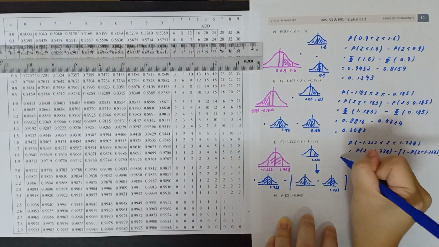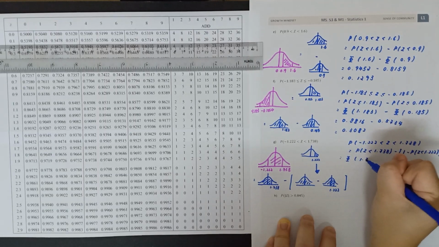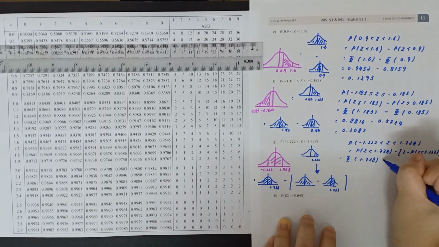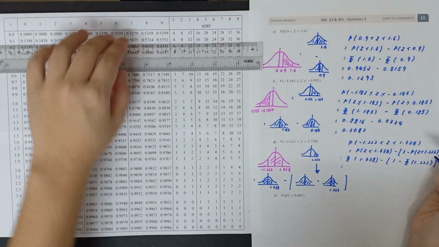So this will be equal to Φ(1.738) minus (1 minus Φ(1.222)). Then I can read from the table.